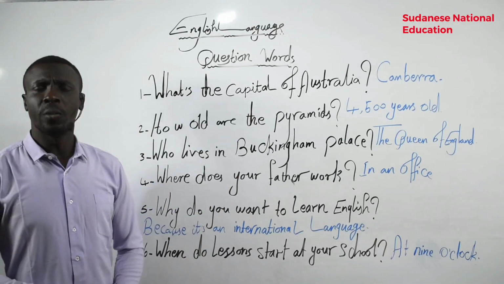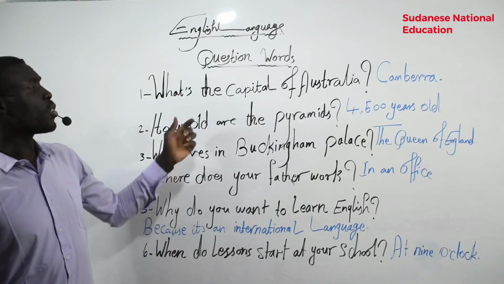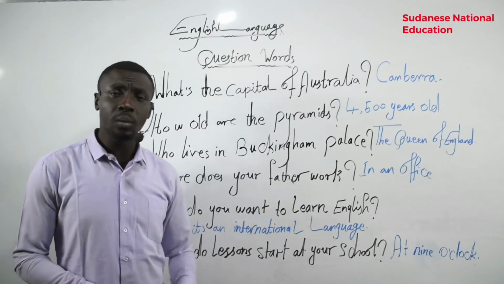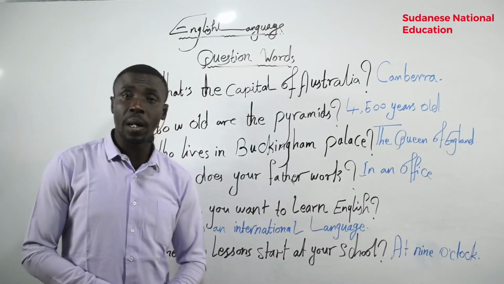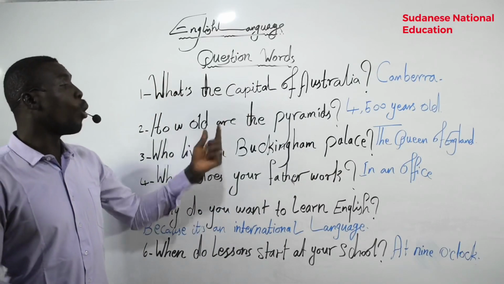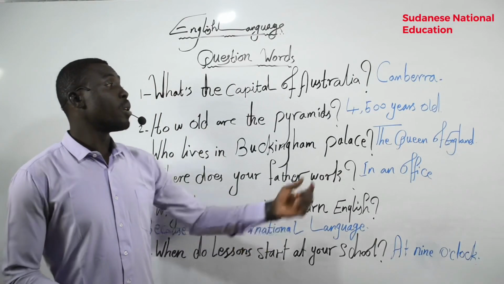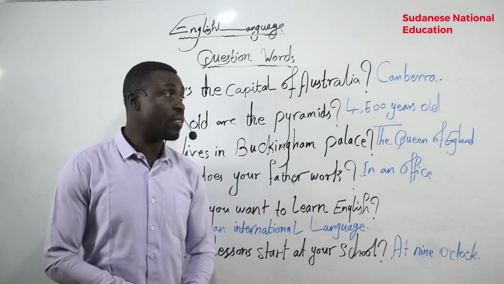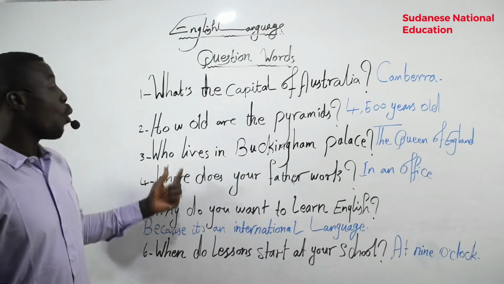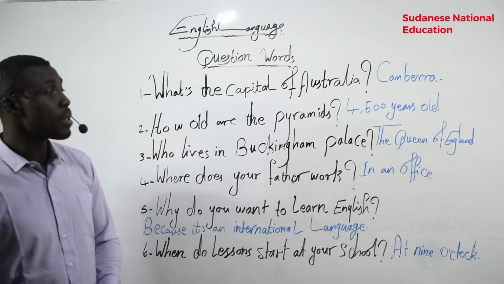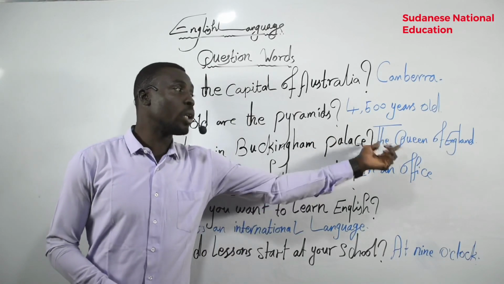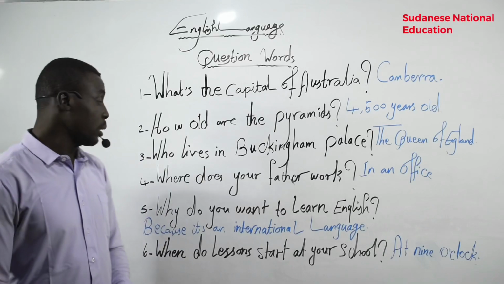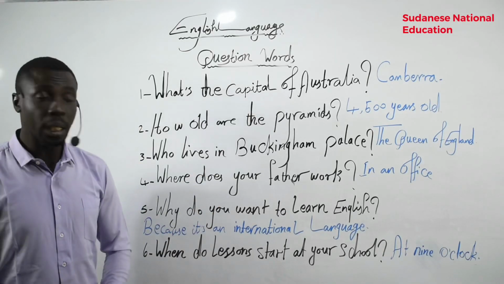Let's go read them again quickly. What's the capital of Australia? It's Canberra. 2. How old are the pyramids? 4,500 years old. Who lives in Buckingham Palace? The Queen of England. Where does your father work?